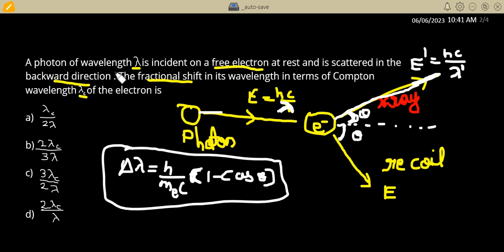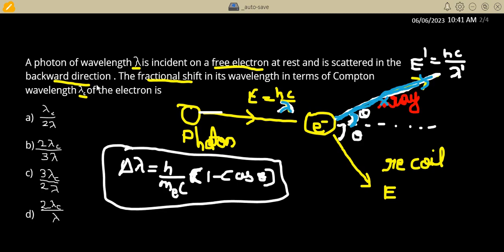They told us that a photon of wavelength lambda is incident on a free electron at rest and scattered. X-ray is produced, and X-ray also consists of photons. It is scattered in the backward direction.